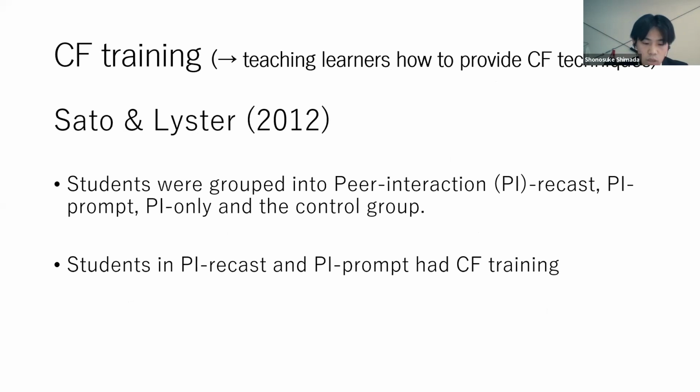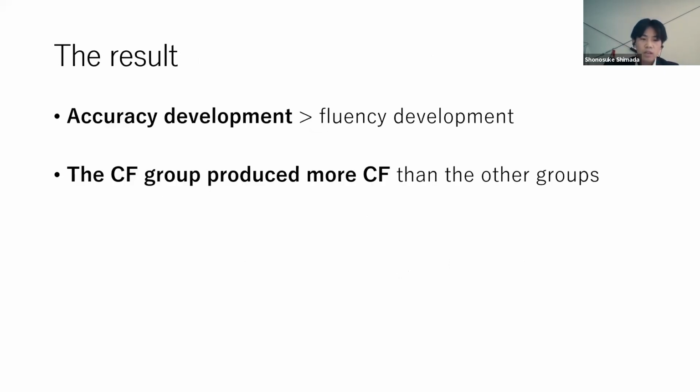Just a few studies were conducted to assess the effects of CF training. One major study was conducted by Sato and Lyster in 2012. Students were grouped into PI recast, PI prompt, PI only, and the control group. Only students in PI recast and PI prompt had CF training. The results show that the training contributed more to accuracy development than fluency development.